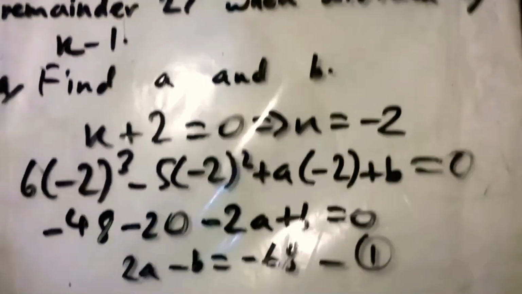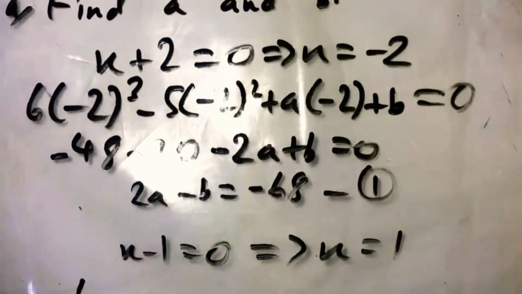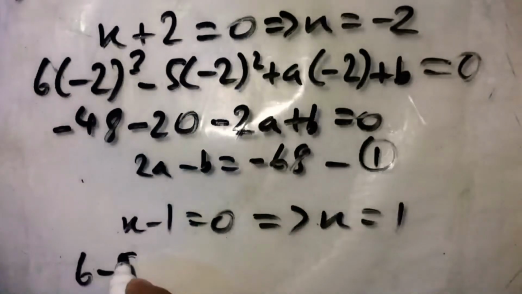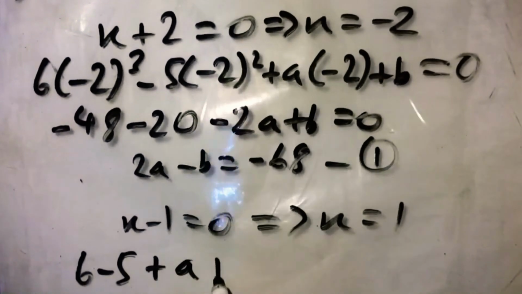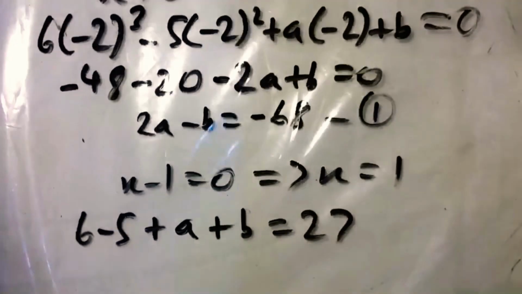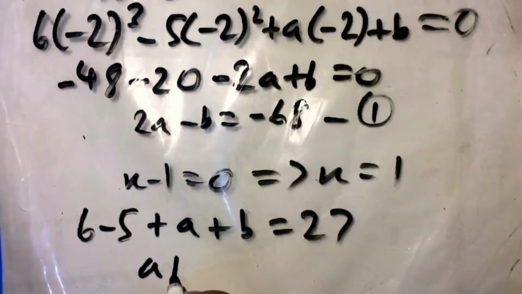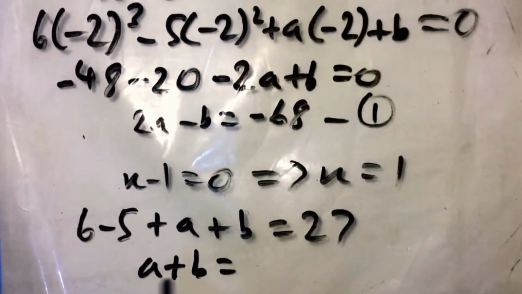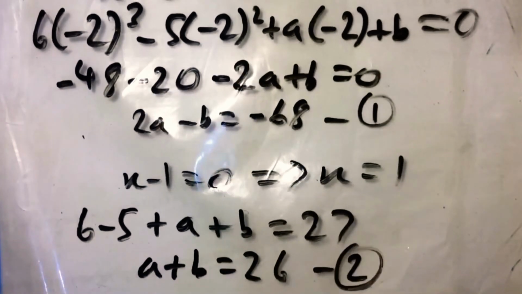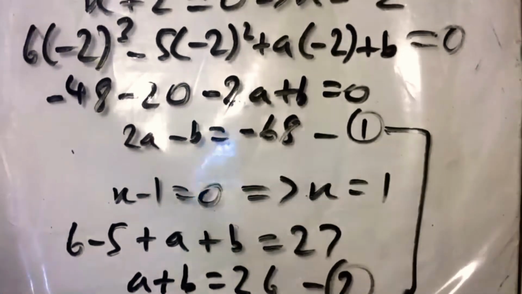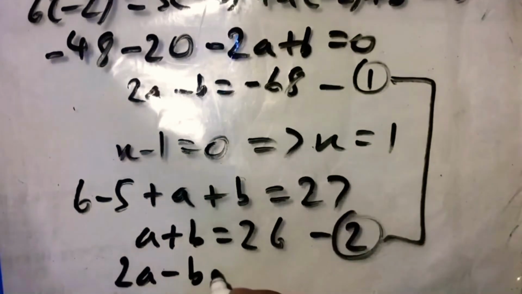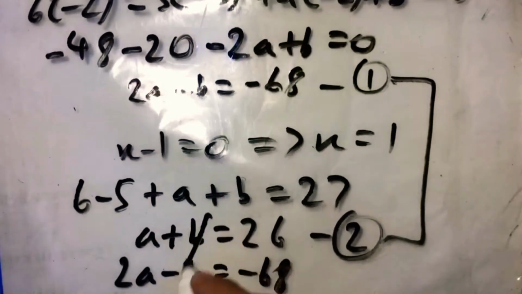So 6 ones are 6, minus 5 ones are 5, plus a plus b equals to 27. So a plus b equals to 26. This is equation 2. Now solving these two simultaneously, 2a minus b equals to minus 68.